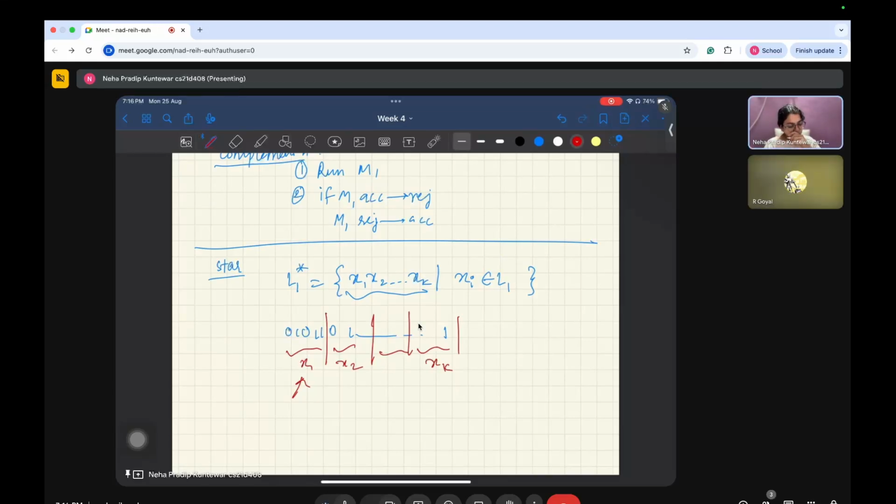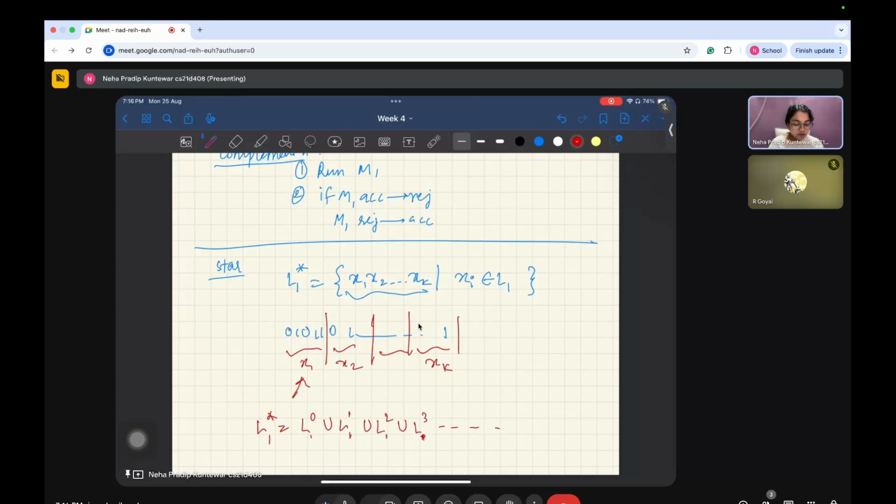So let's look at your example. We have L1 star is L1 union, and so on.